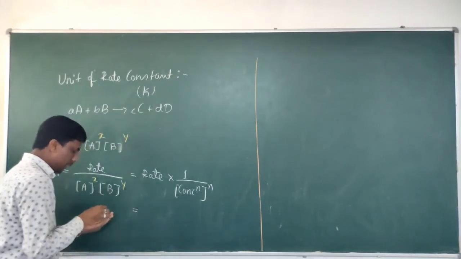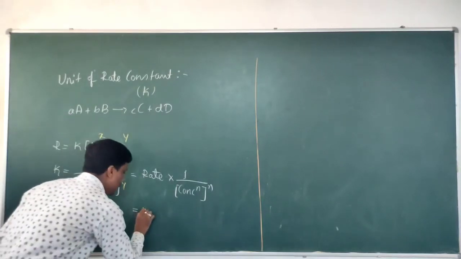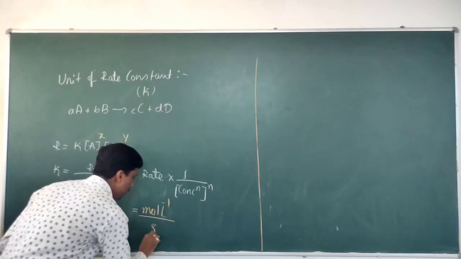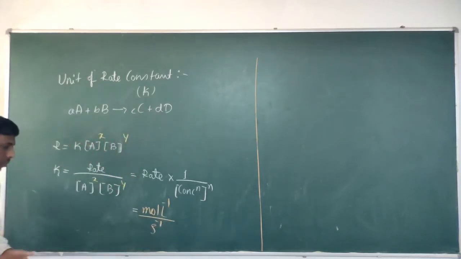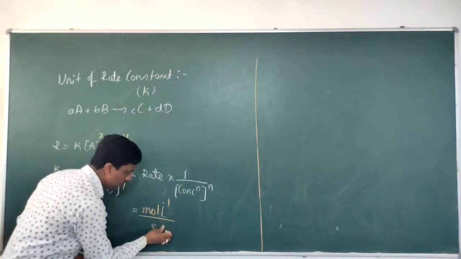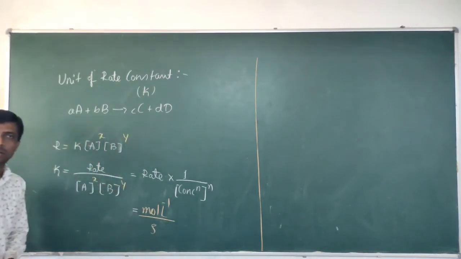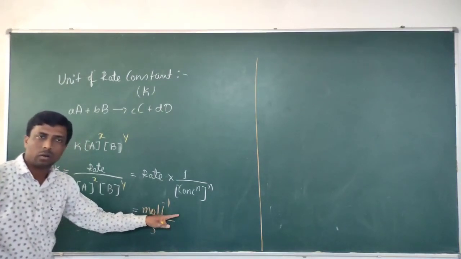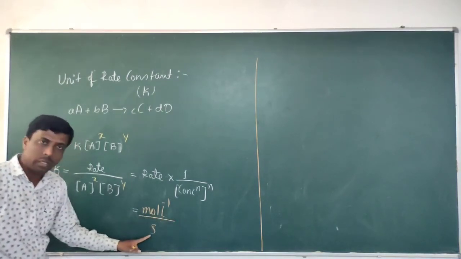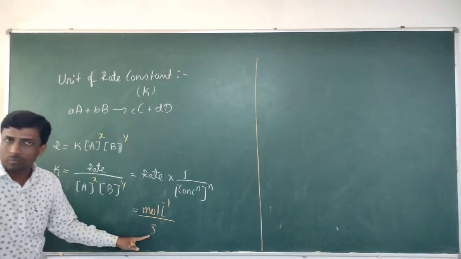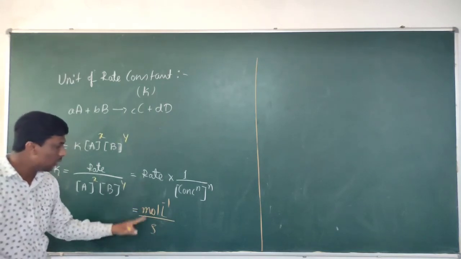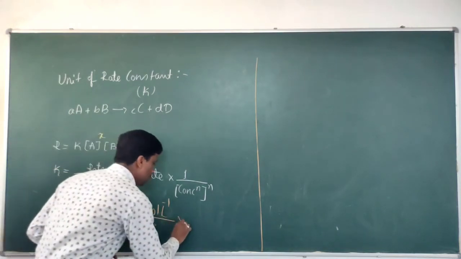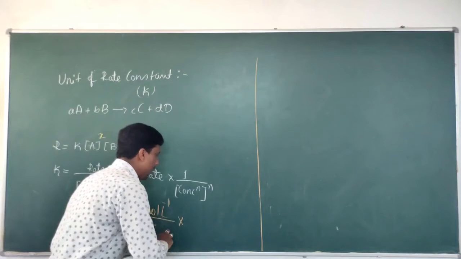What is the unit for the rate? Mole per liter per second. Change in molar concentration of one of the reactants or products in given time. It is the unit for the rate of a reaction. Into 1 divided by concentration.